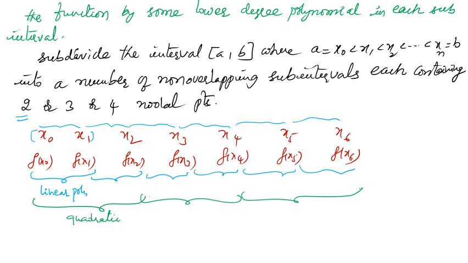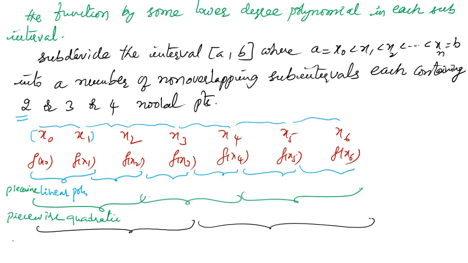This is called piecewise linear polynomial, and this is piecewise quadratic polynomial. If I consider 4 points, x0 to x3, next x3 to x6, then I get piecewise cubic polynomial.